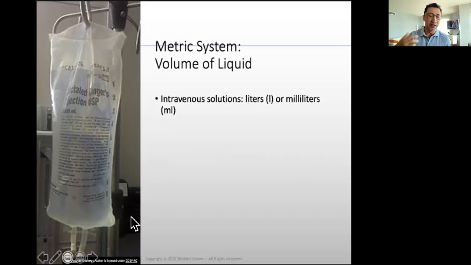Maybe they're dehydrated, maybe they're in shock. Maybe we need to give only 500 mLs. Then we say mLs, not 0.5 liters. Technically you can, but in the hospital setting, you're going to see liters and mLs.